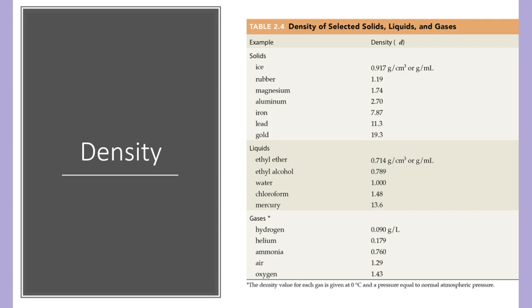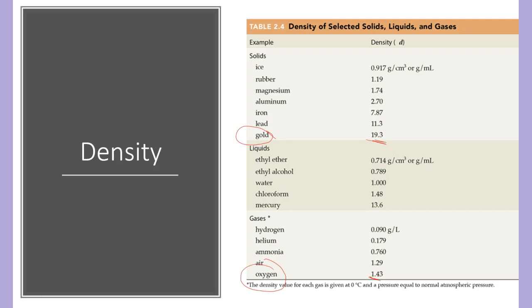So, for instance, if I tell you to compare, let's say, gold right here, to, let's say, oxygen, okay? What's going to be on the top if we were to put these two in, let's say, a graduated cylinder? What would actually go on the very top? Would it be your oxygen or your gold?